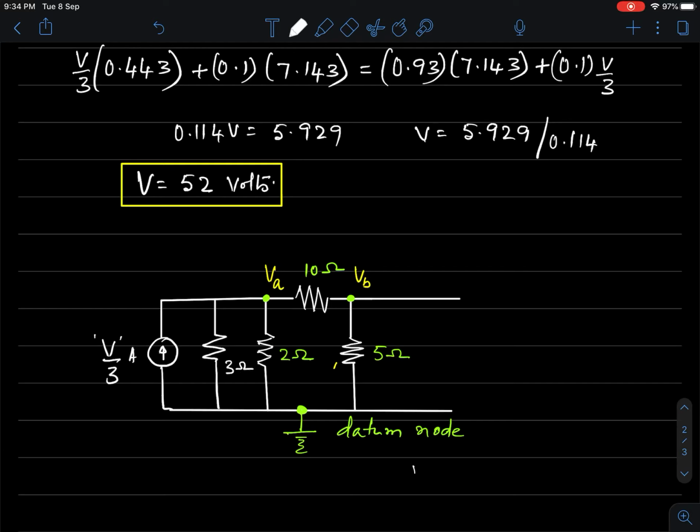And the other source, that is the 50 volt voltage source, gets converted into an equivalent current source, which has the resistance of 7 ohms across it. This is 7 ohms, and I have my current source.